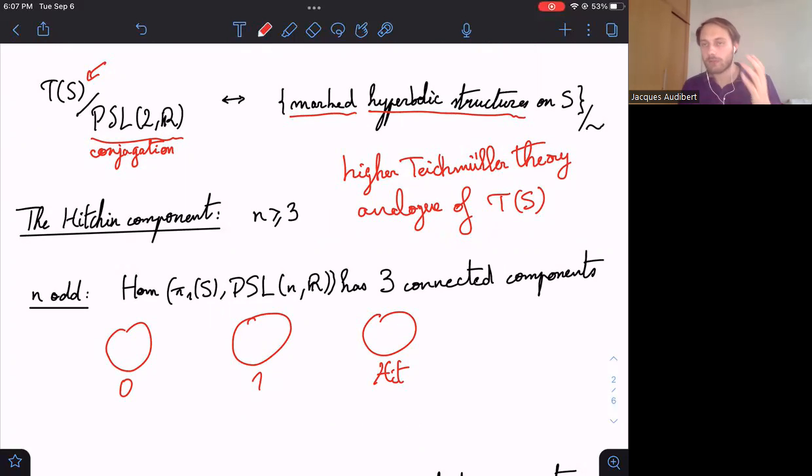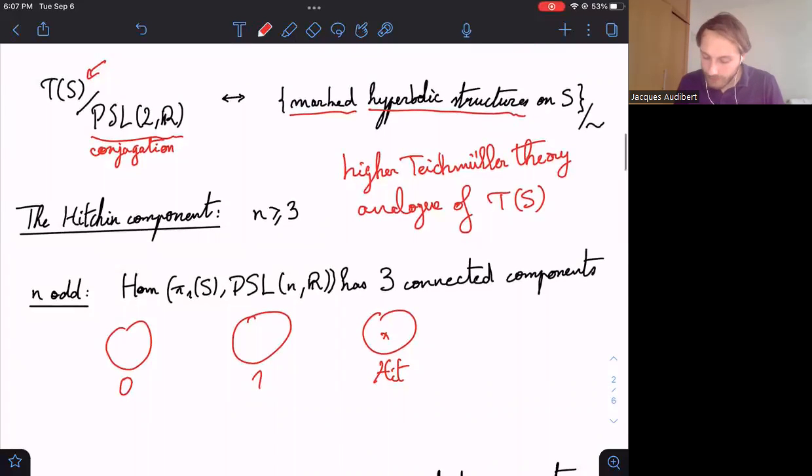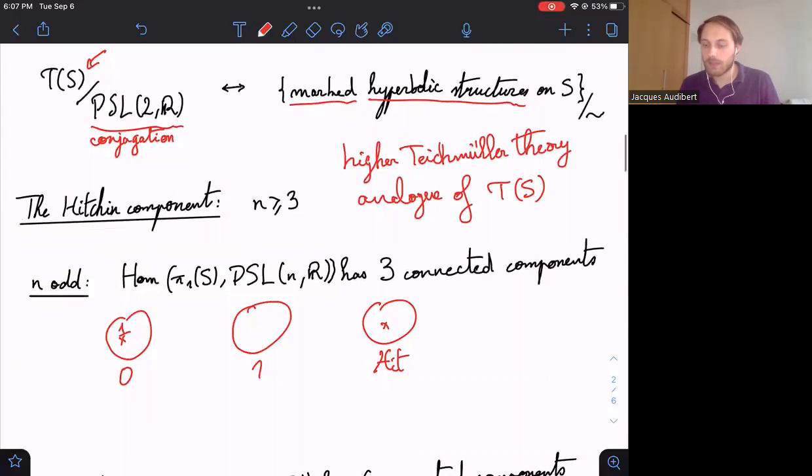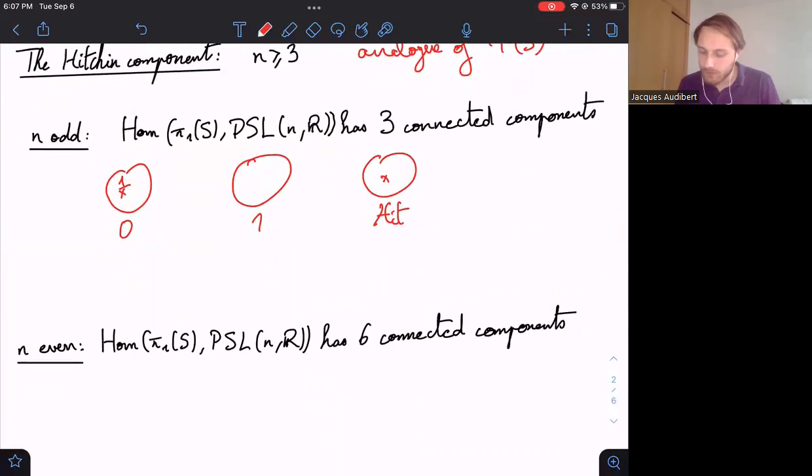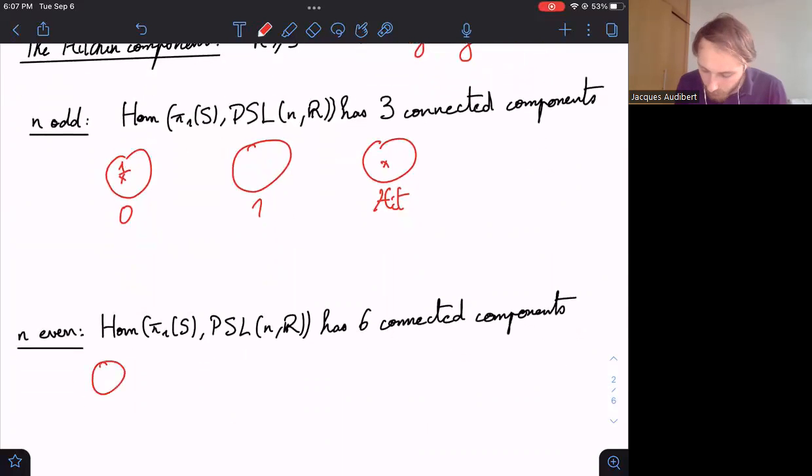I will define in a moment how, by giving you one representation in it, and saying the Hitchin component is the connected component of this representation. Just to be clear, it does not contain the trivial representation. The trivial representation lies in the connected component labeled by 0. It does not contain anything like that. For n even, it's basically the same story, except that we have 6 connected components.